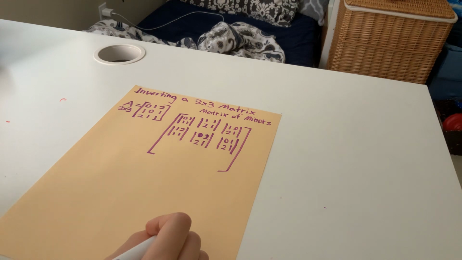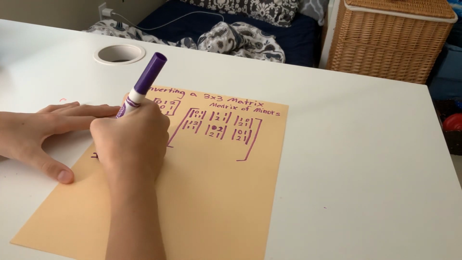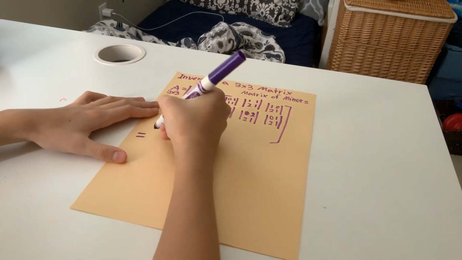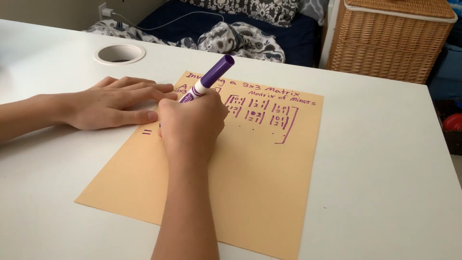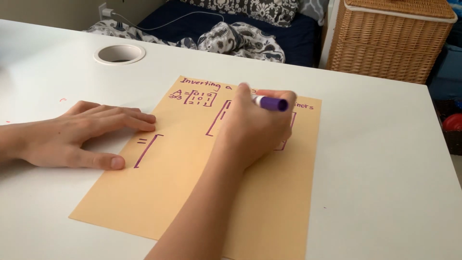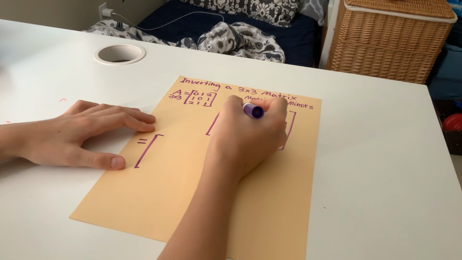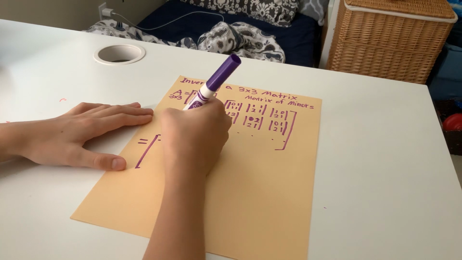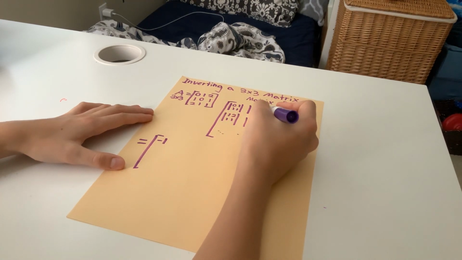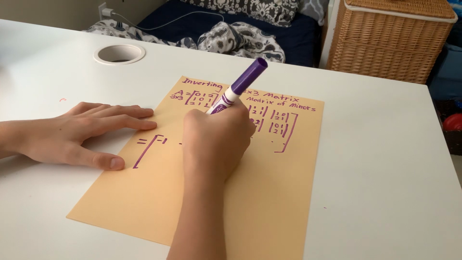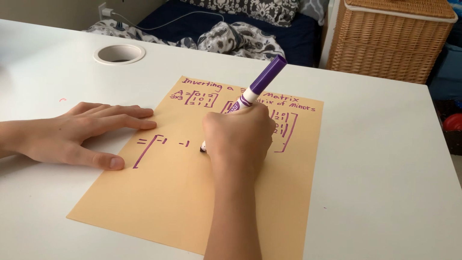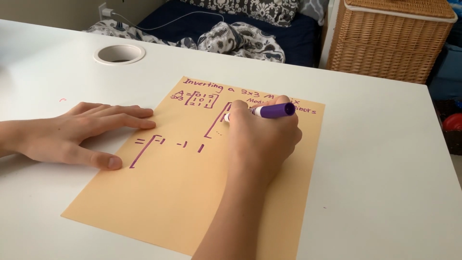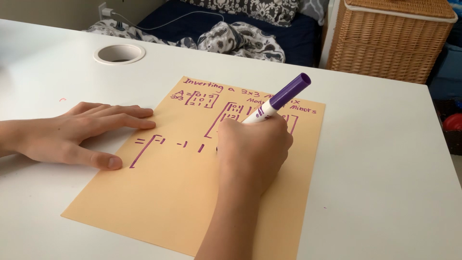Right? Okay, now we'll simplify this. We'll take the determinant of all of this, and we're going to do this automatically. You do that for all of the terms. I just decided to take the lazy route. So let's take the determinant of this. 0 times 1 is 0, minus 1, that would be -1. 1 times 1 is 1, minus 2, that's -1 as well. 1 times 1 is 1, minus 0, that's 1. 1 times 1 minus 2, that's -1.